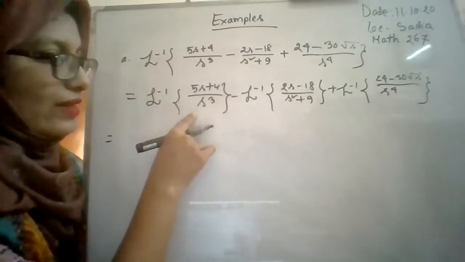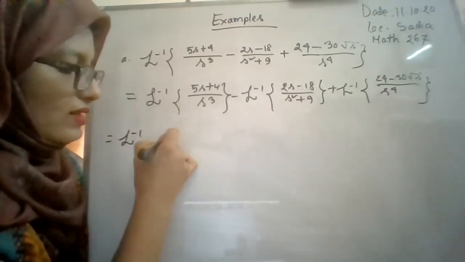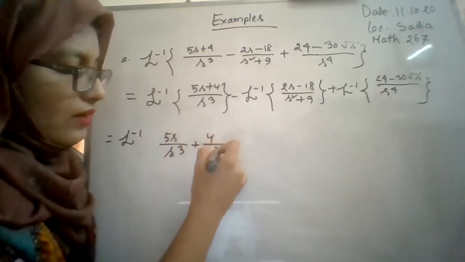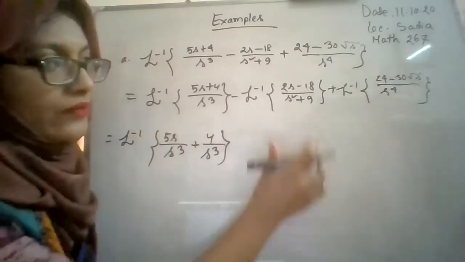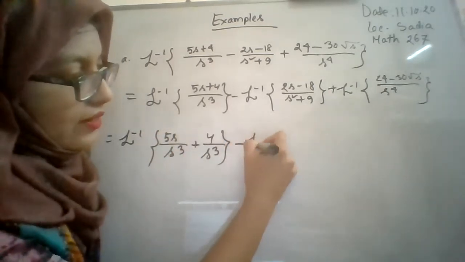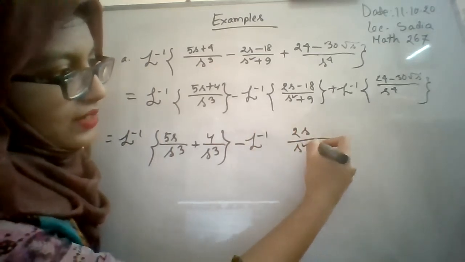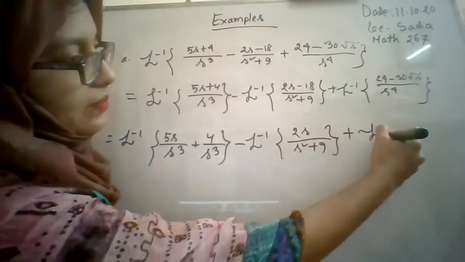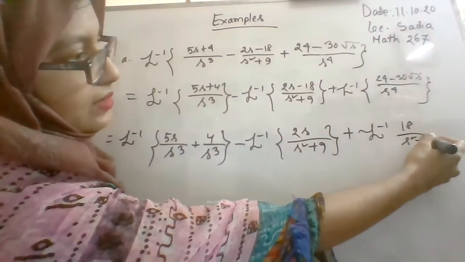And for the first one, this can be written as inverse Laplace transformation of 5s by s cube plus 4 by s cube. Right? This can be written like this. For the second term, inverse Laplace transformation of 2s by s square plus 9 plus inverse Laplace transformation of 18 divided by s square plus 9.